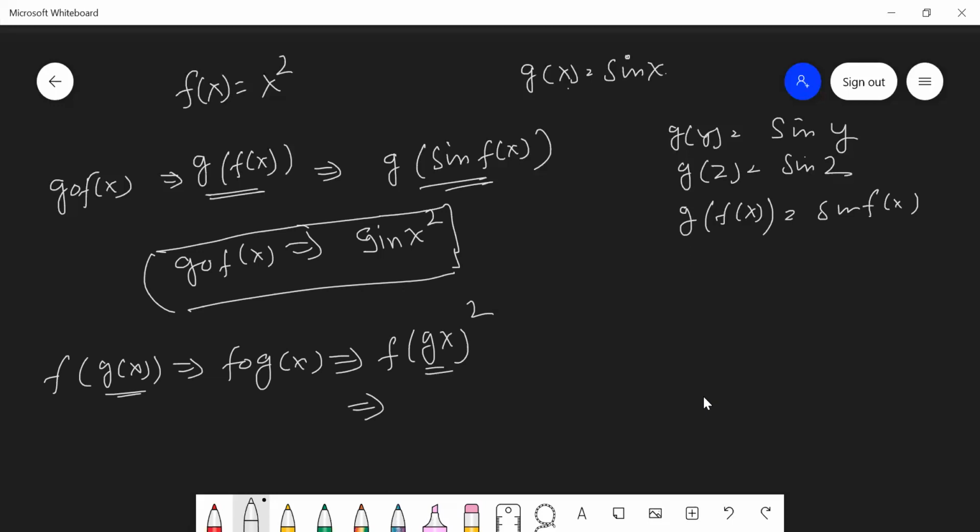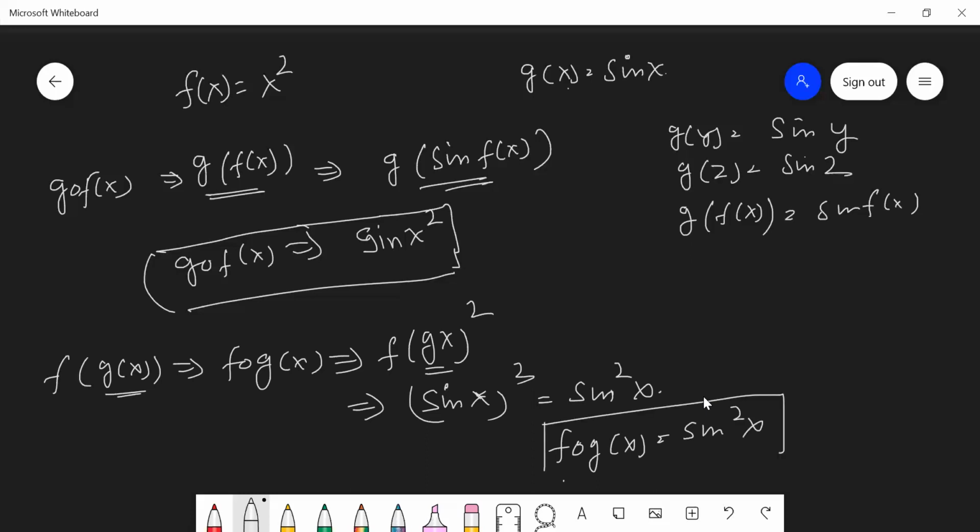What is the value of g(x)? g(x) is sin x, so we get sin x whole square, which is sin square x. So the value of fog(x) is sin square x.